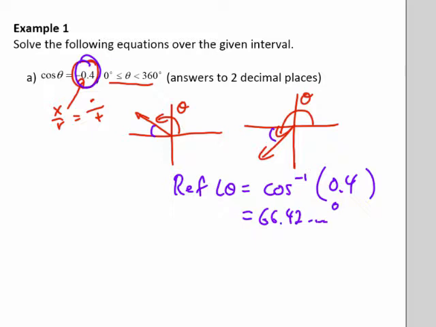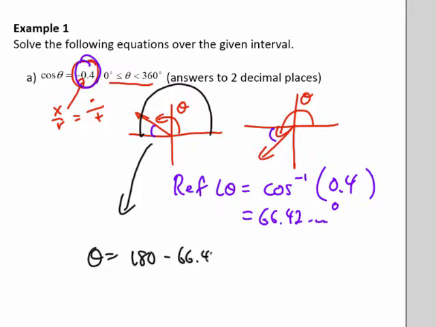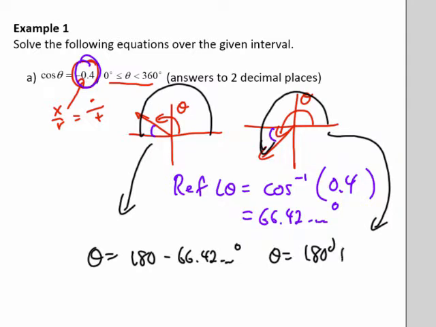I'm not going to round the final answer off because now I need to go and find my standard position angle. The angle here is going to be 180 take away the reference angle. Whereas in quadrant 3, it's going to be 180 degrees plus the reference angle.